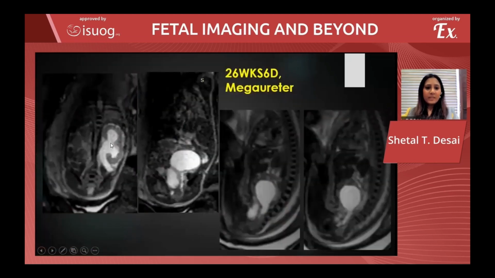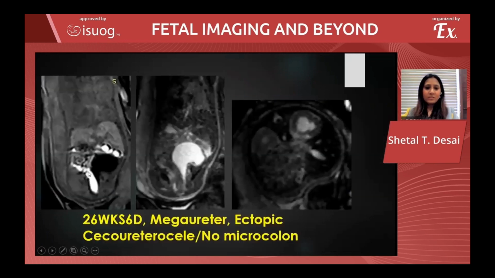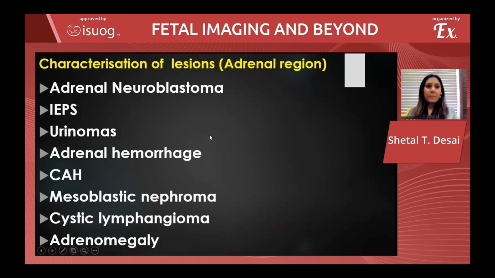MRI confirmed the diagnosis and showed this ectopic ureteral insertion, but we could not make out the bowel signal on T2, and T1 weighted showed us a very normal looking bowel signal, ruling out a microcolon, which is associated with megacystis microcolon intestinal hypoperistalsis syndrome. So this is how MRI can be used in characterizing a megacystis.